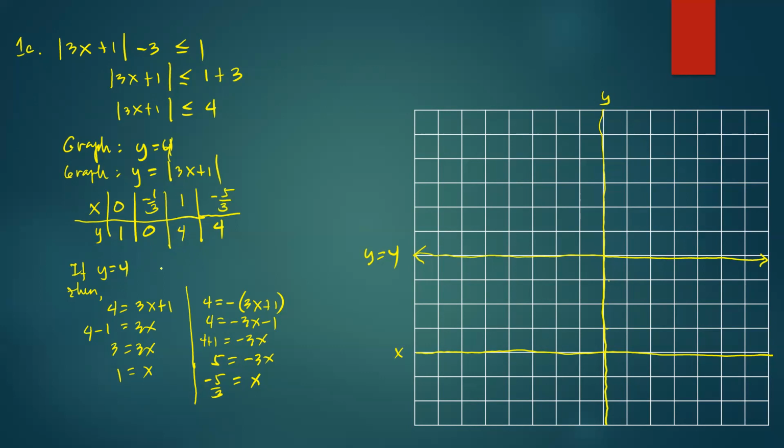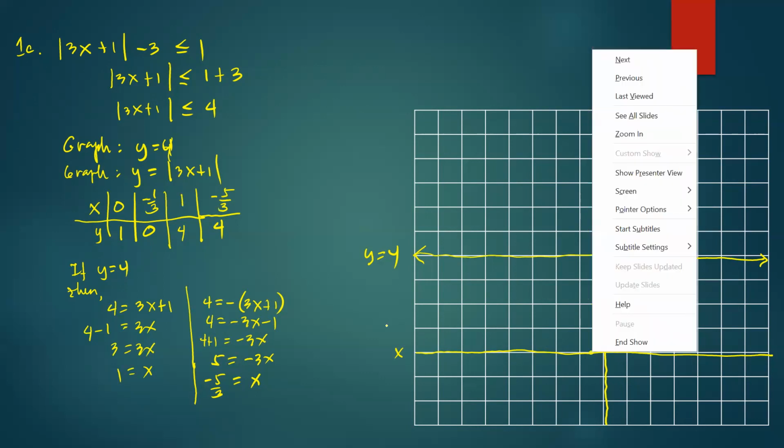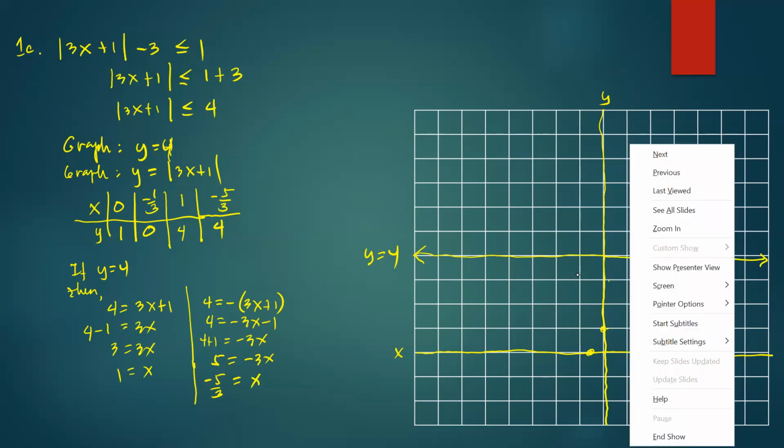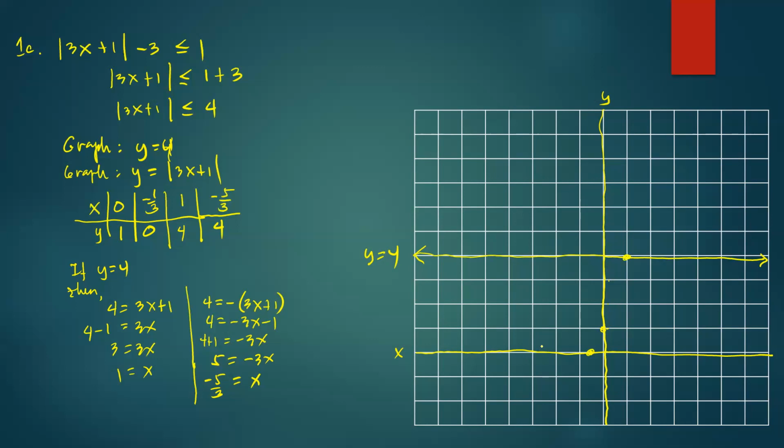Okay, so let us now plot the points. So we have 0, 1. And we have negative 1/3, 0. So that is our x-intercept. Okay, then we have 1, 4. So this is 1, 4. Okay. And then we have negative 5/3.